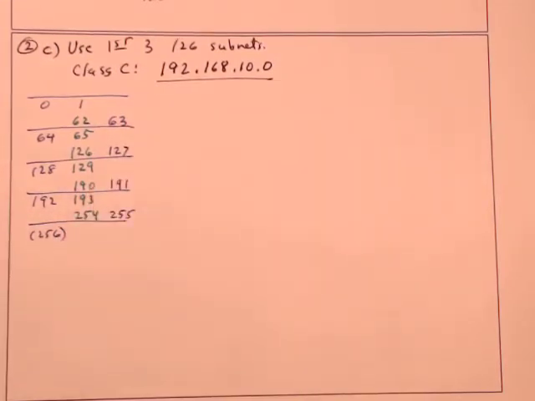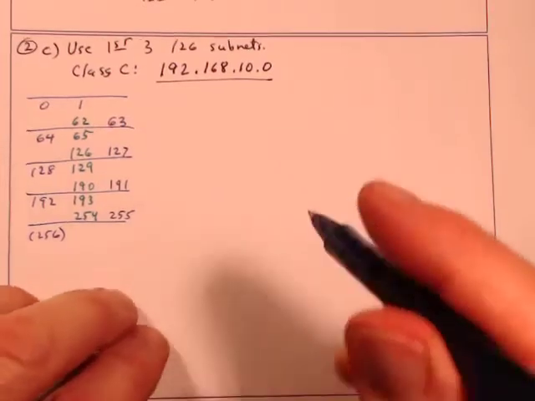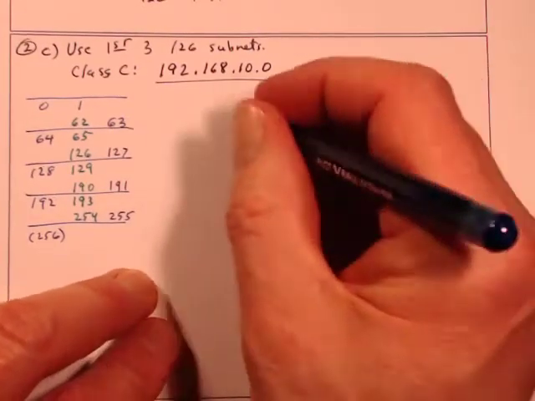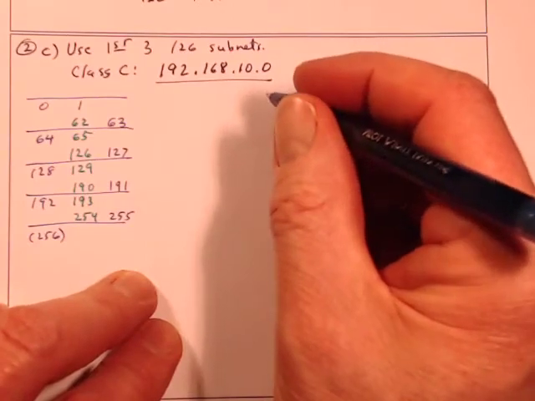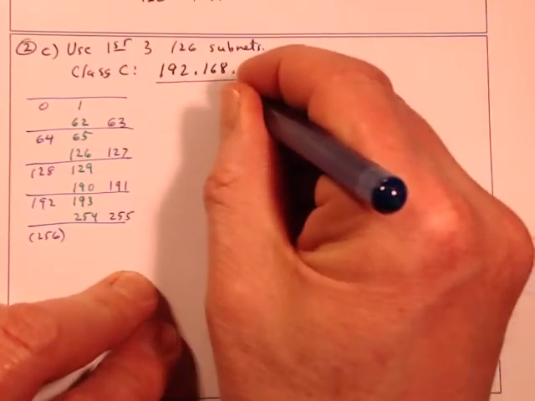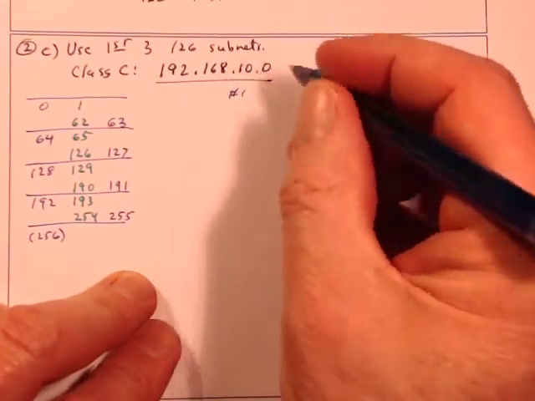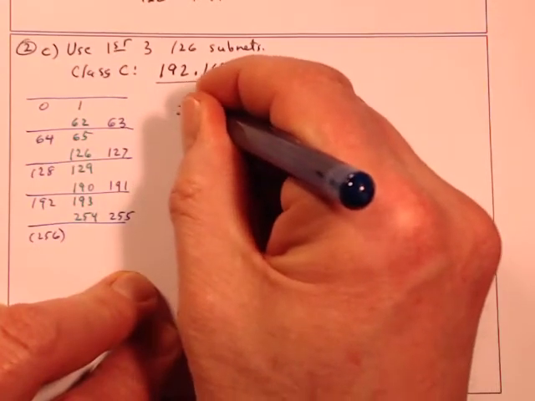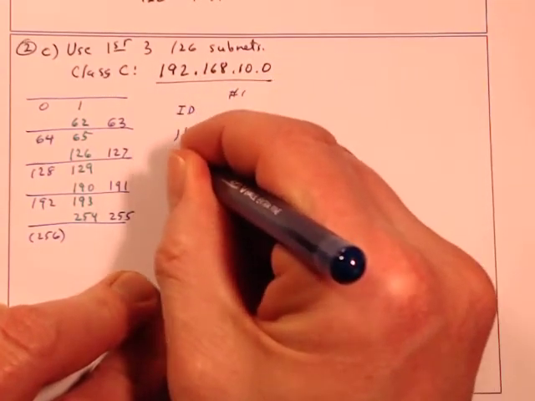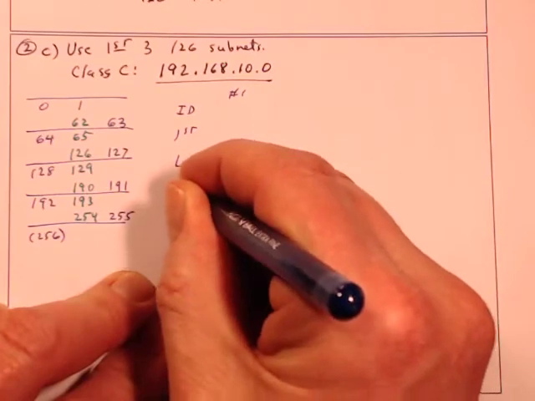And so you can see here then that my IP addresses for subnet number 1, let's see, the ID, the first, the last, and then the broadcast.